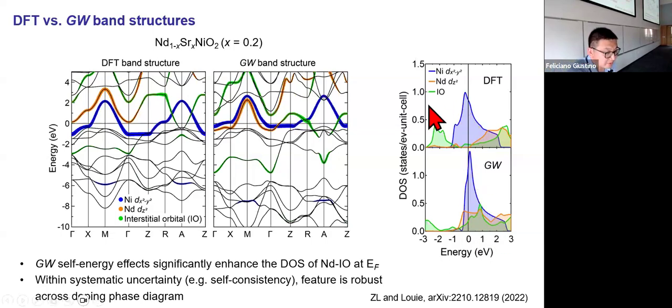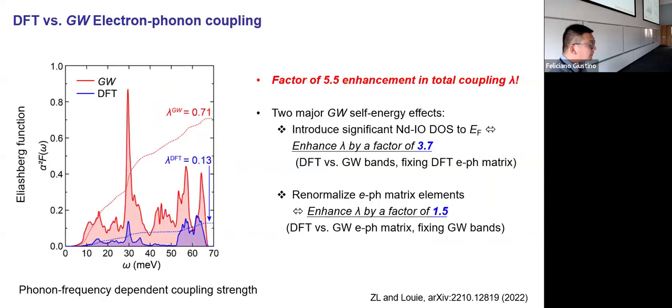So that means, for example, if we look at the density of states, at the DFT level, there's a very minimal orange component, which is from neodymium and IO orbitals. And within GW, the presence of the orange components got significantly enhanced. That pretty much changed the whole electron-phonon coupling landscape of this material.